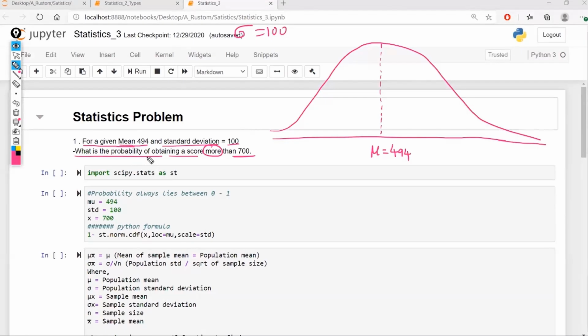Then what is the probability of obtaining a score more than 700? When they say 700, I can say that 700 lies somewhere here. This is 700. Now I need to find the probability of obtaining a score more than 700, this part.